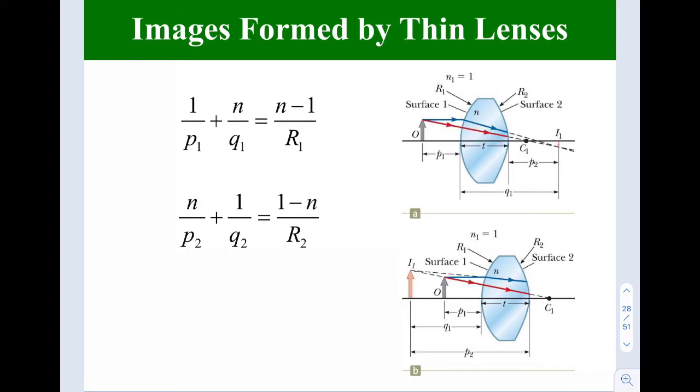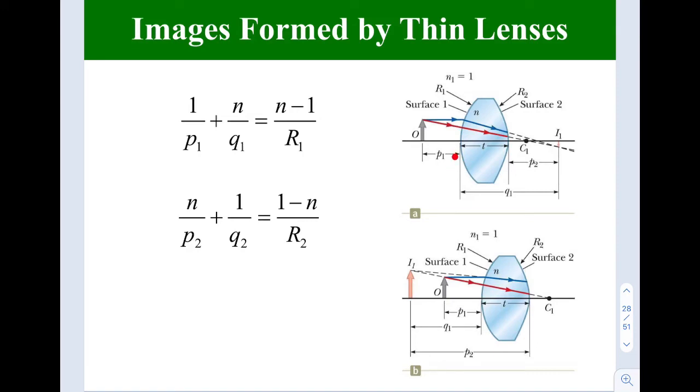For a thin lens, one whose thickness is small compared with the radii of curvature, we can neglect the T. In this approximation, P2 is equivalent to negative of Q1 directly for either type of image from surface 1.